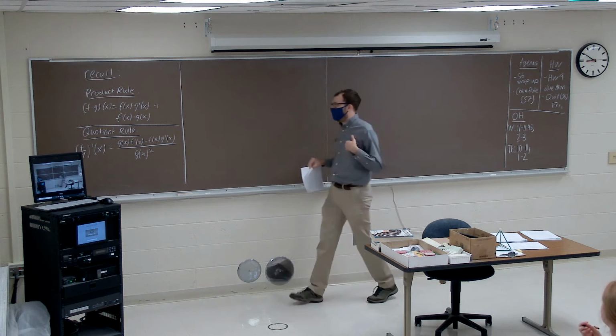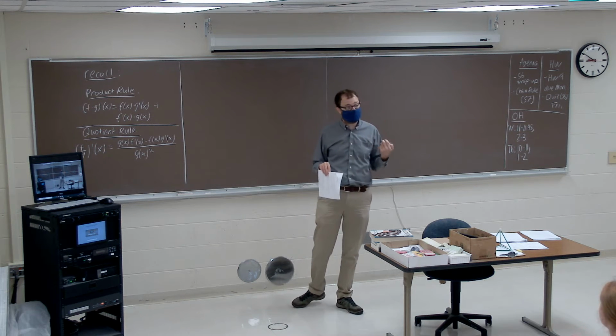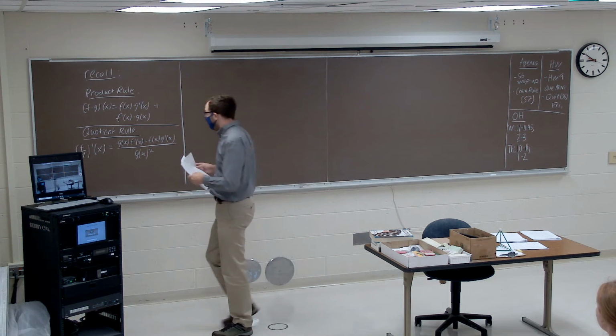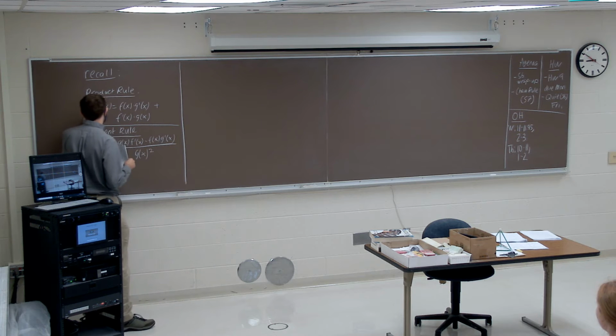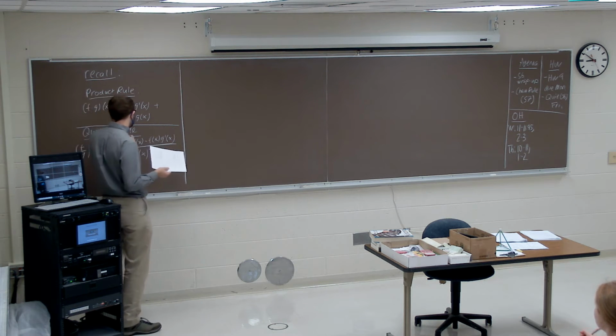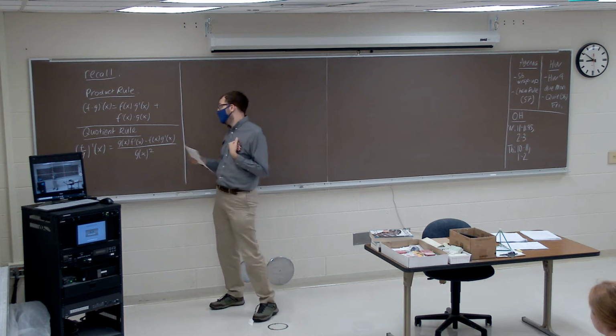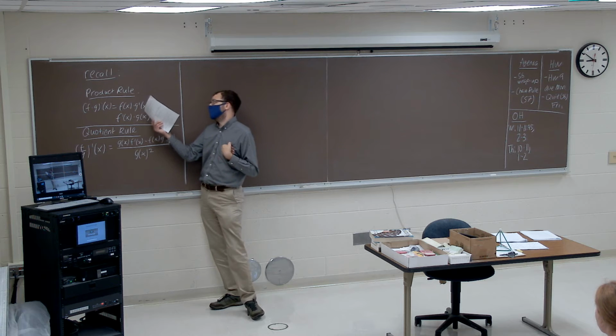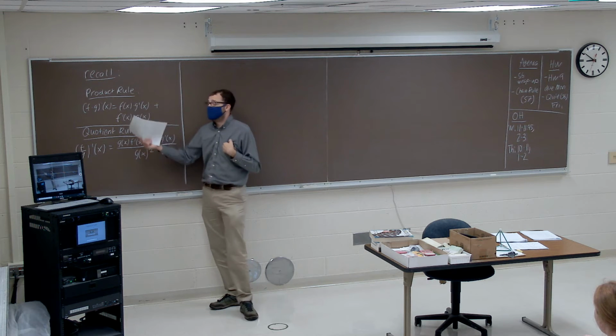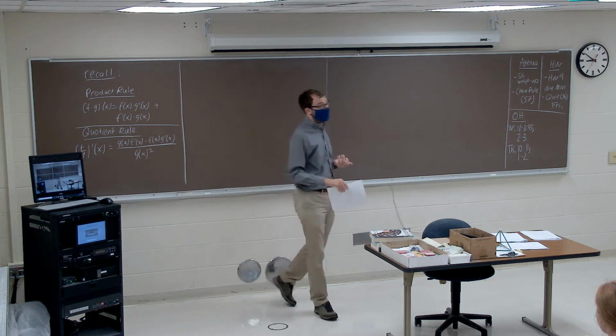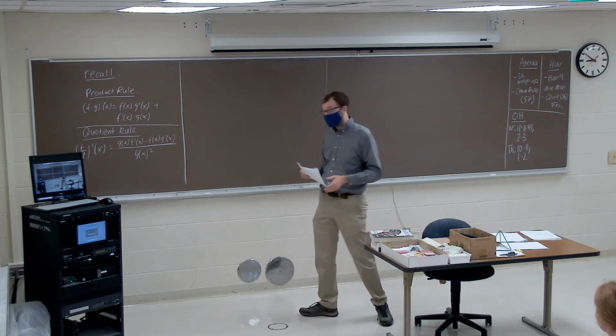You can't differentiate f times g by just taking f prime times g prime. Instead, we needed the first original function f of x times the derivative of the second, g prime, plus f prime times g, the derivative of the first times the original second.